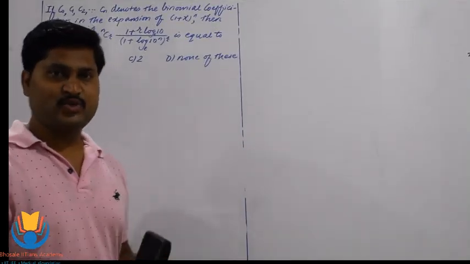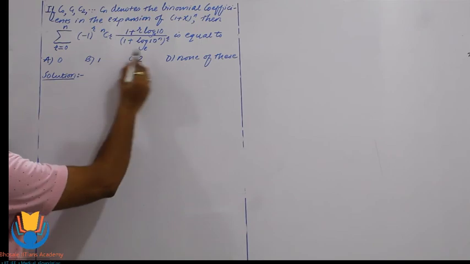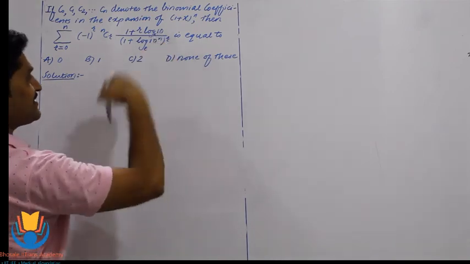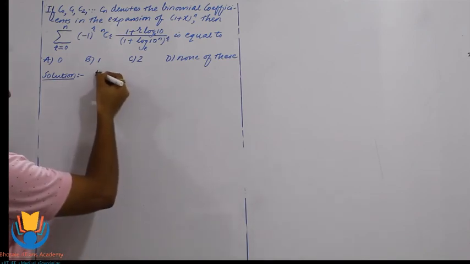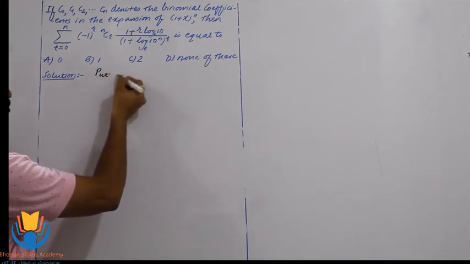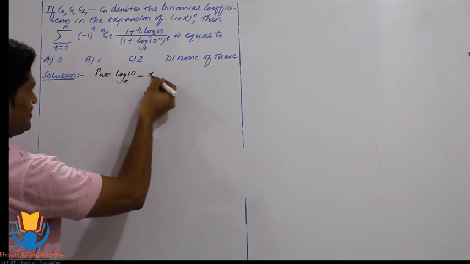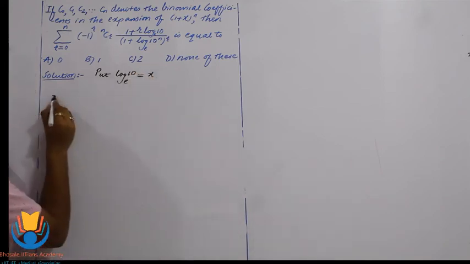Let's start this MCQ. Here we have to find the value of this summation. For that we will substitute log of 10 to the base e as x for some time, just to simplify it. So let's continue. Put log of 10 to the base e as x. So let's see how this expression is going to be.